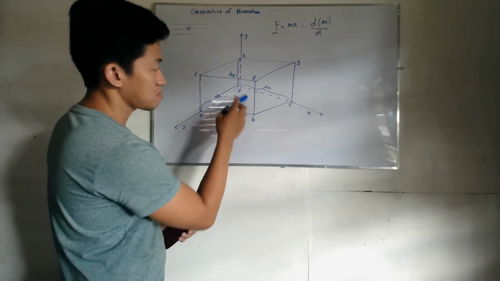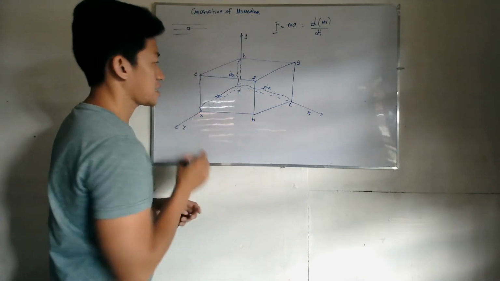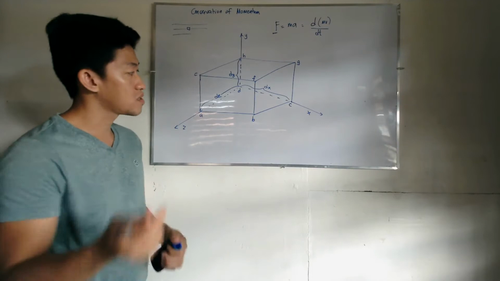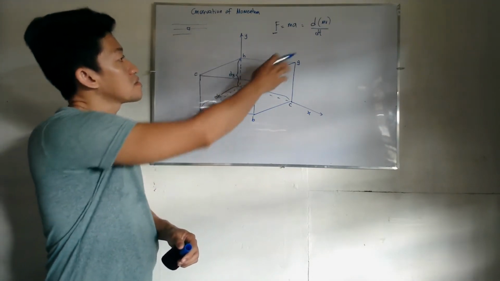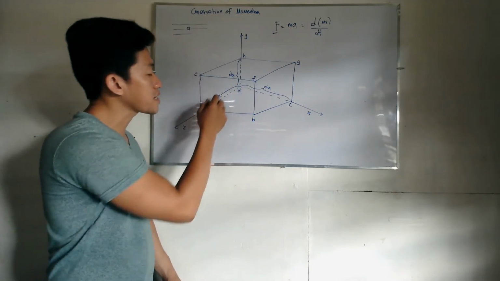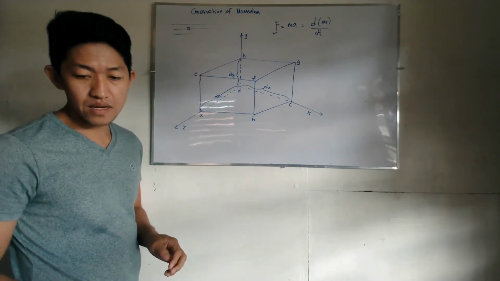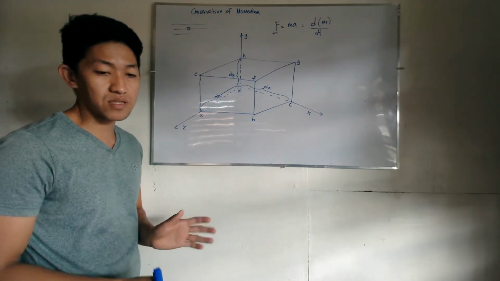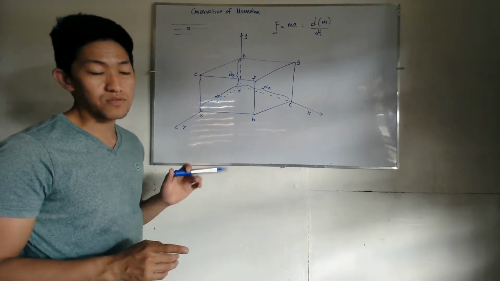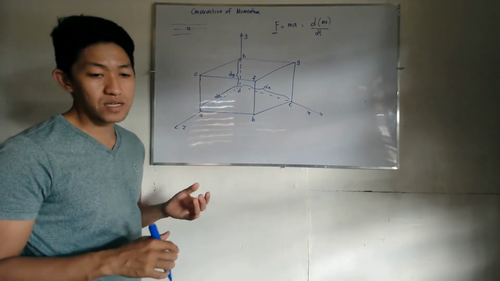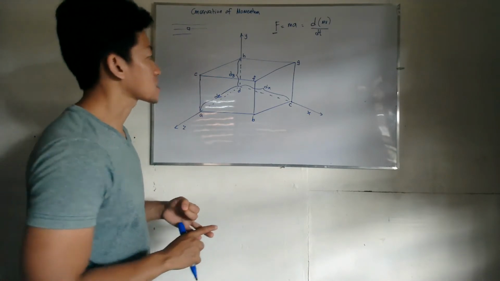This establishes our coordinate system. This is the x, y, and z direction. Okay, so the lengths of the element are dx, dy, and dz. Now we will account for the forces that are acting on this fluid element. So you have the body forces and surface forces.